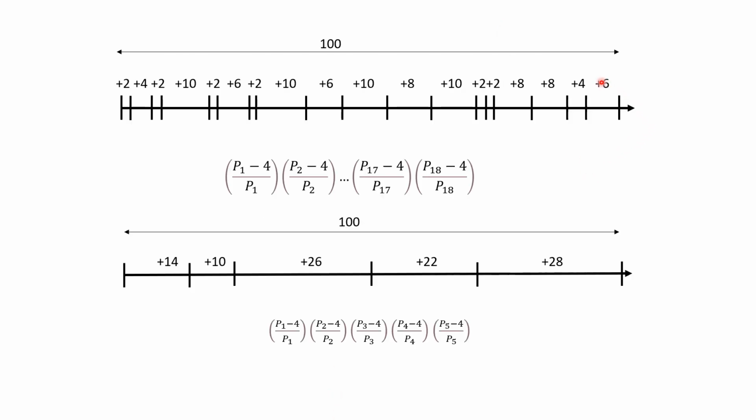So these will be the separations of the prime number. This +2, +4 here, +2, +10. And we can see that this is gonna add 100. And so you're gonna have a lot of factors of this. For each separation, you're gonna have one factor of this.